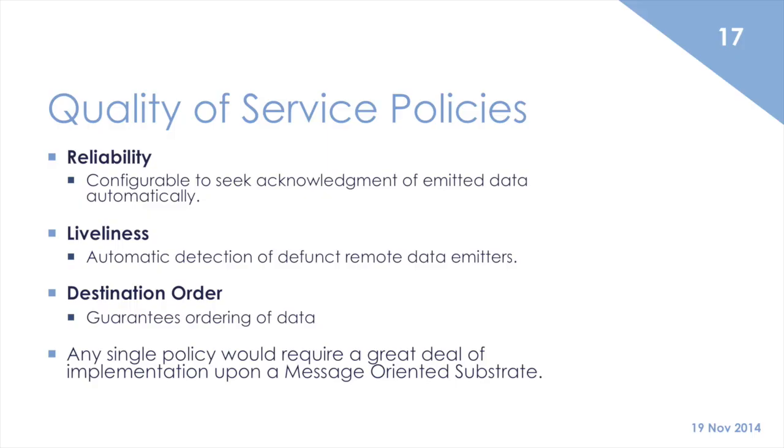So the underlying UDP/IP protocol used by DDS does not guarantee that information arrives at the receiving entity in the same order that it was sent. So DDS allows you to configure it to provide that ordering. So any one of these policies would require a great deal of implementation if it was built upon a message-oriented substrate. In DDS, it's merely a matter of configuration.